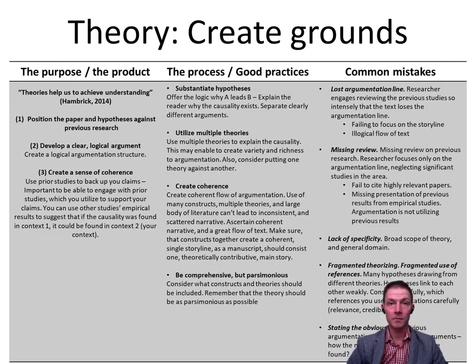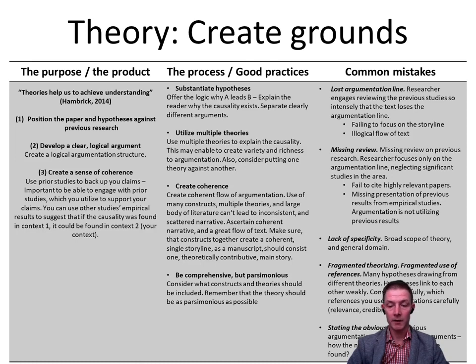And creating a coherent flow of argumentation, use of many constructs, multiple theories, and a large body of literature can't lead to an inconsistent and scattered narrative. And this is often a problem, that the flow of argument is not clear.